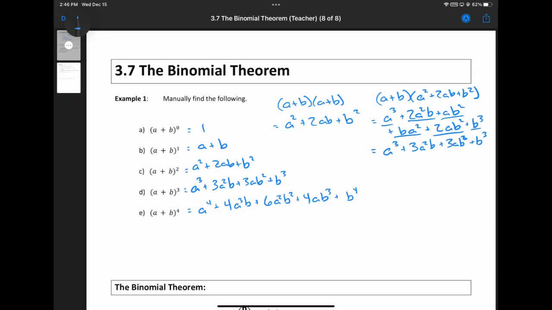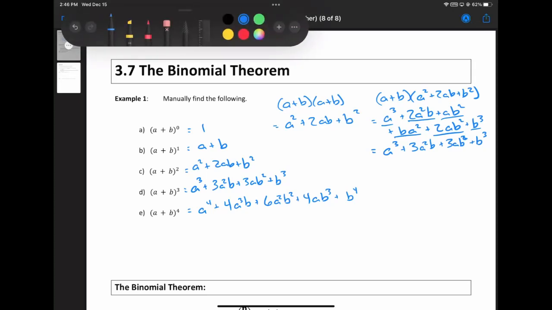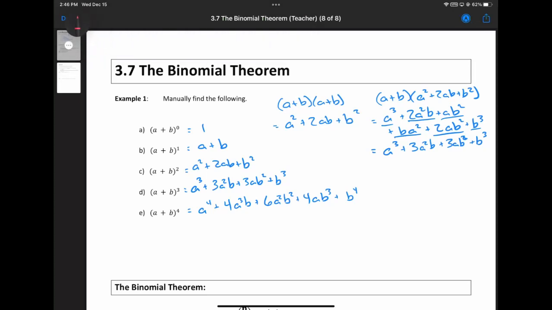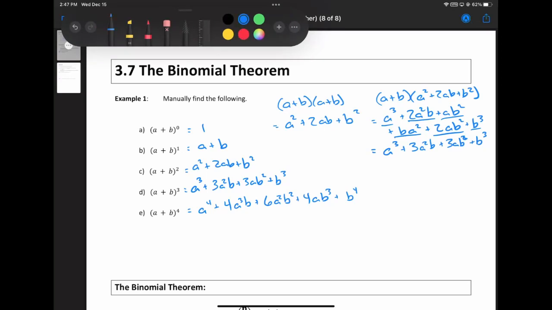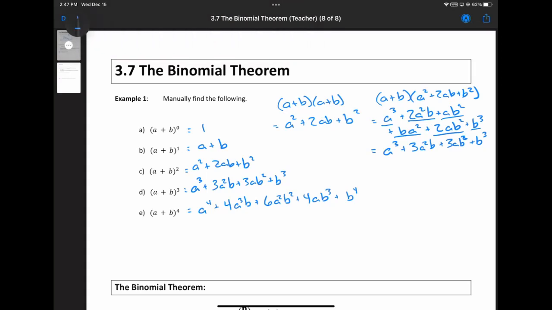Before I get to the binomial theorem itself, which is actually an equation, I'm going to make some observations. If I look at the coefficients in front of the terms, anytime a term has no coefficient, it's assumed to be a 1. So for instance, a plus b is really 1a plus 1b.